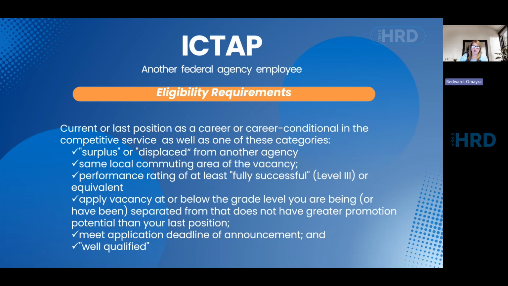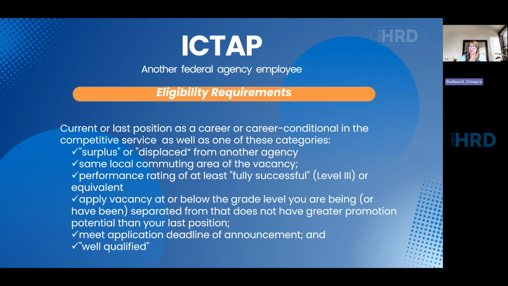Okay, so eligibility requirements for ICTAP. The employee has to be in, or their last position must have been in, the competitive service. That is career, tenure group 1, or career conditional, tenure group 2. So if you see those terminologies, know that that's what it means.